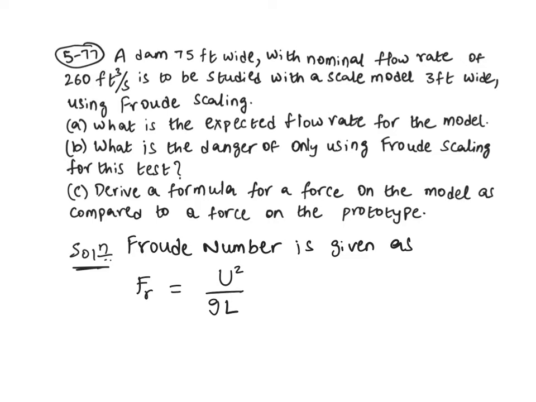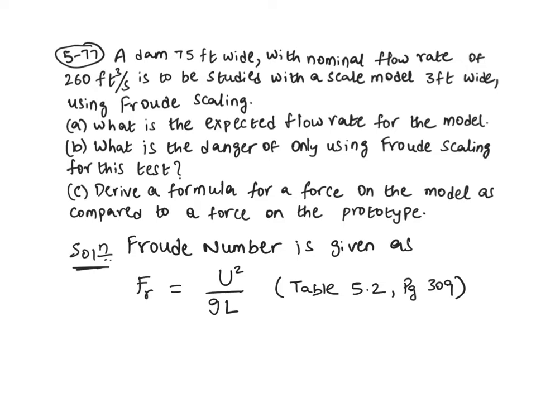You can find this in Table 5.2 of your textbook, on page 309. Basically, Froude number is a ratio of inertia to gravity.